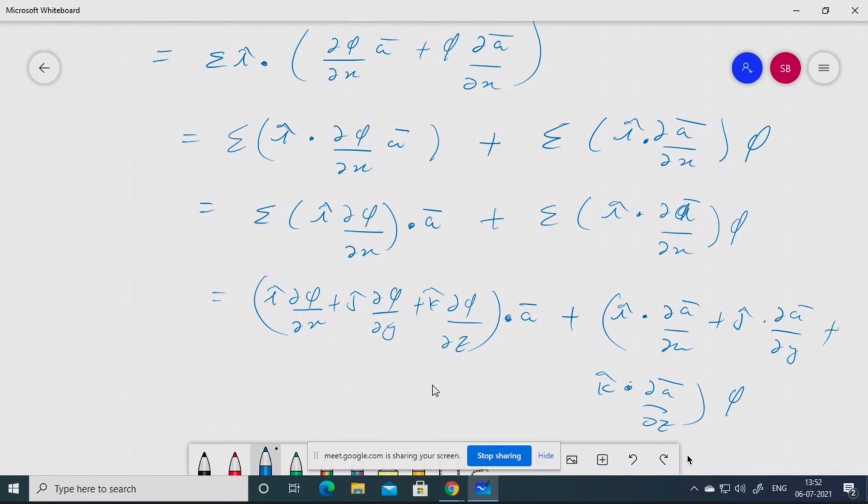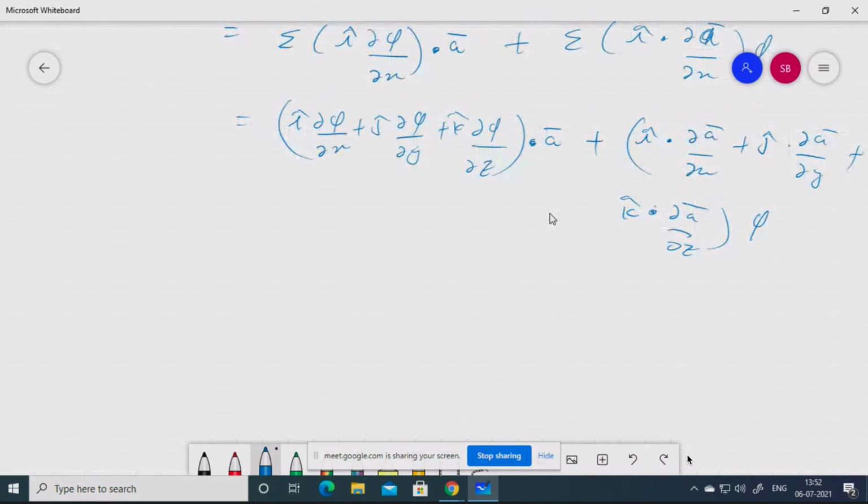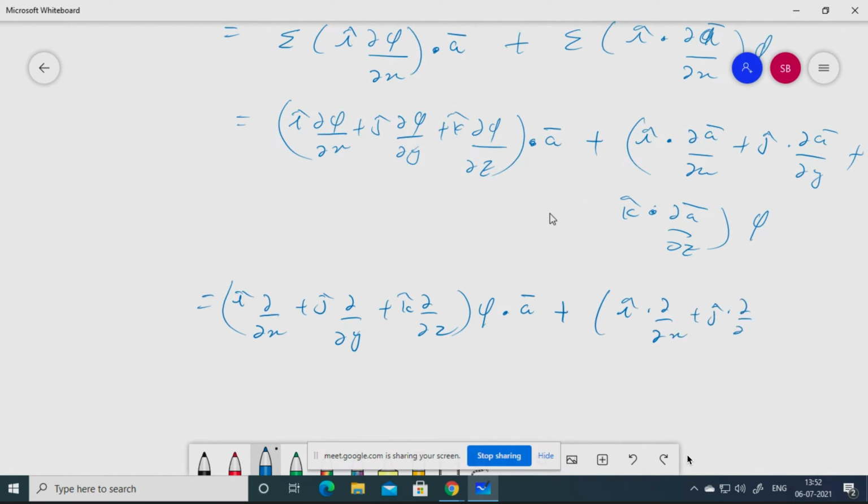Now again this is nothing but i ∂/∂x plus j ∂/∂y plus k ∂/∂z applied on phi dot A bar. And this is nothing but i dot ∂/∂x plus j dot ∂/∂y plus k dot ∂/∂z A bar into phi.